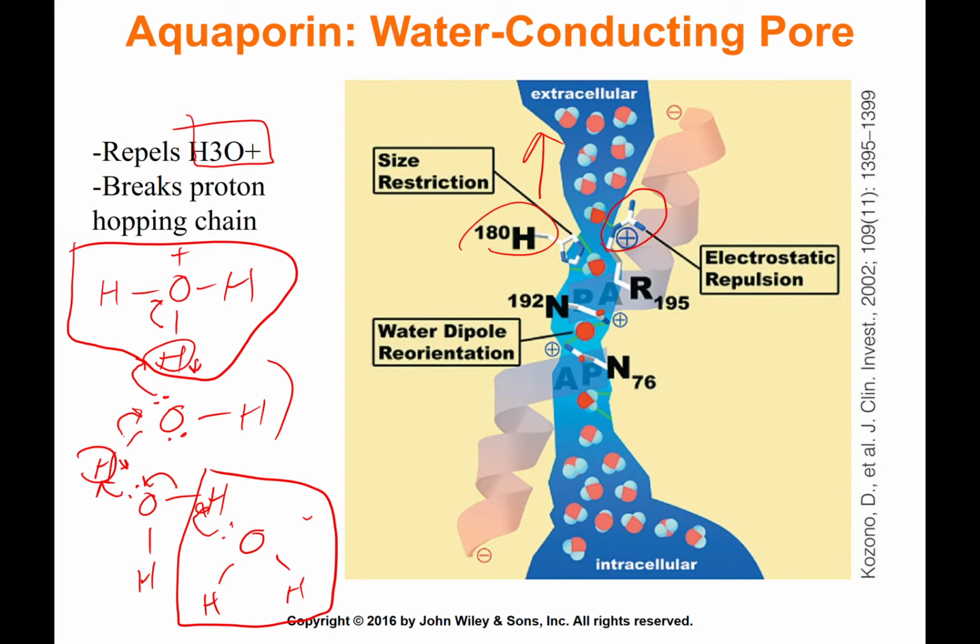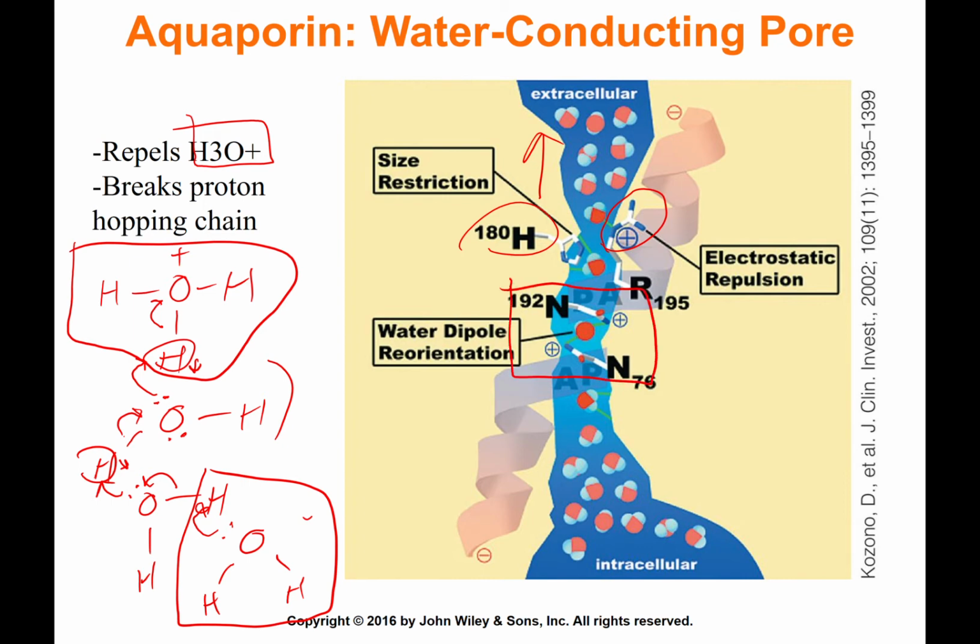So that same sort of process could actually allow a proton to get all the way through this membrane. So how does this channel actually prevent proton hopping across the membrane? Well, it does so with this one little special spot in here.